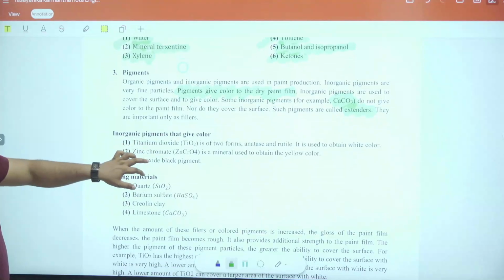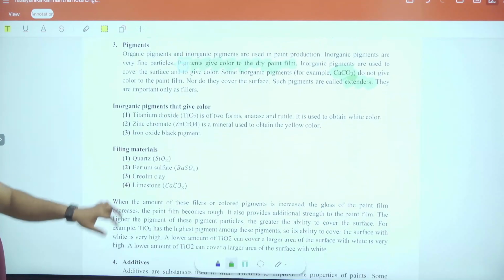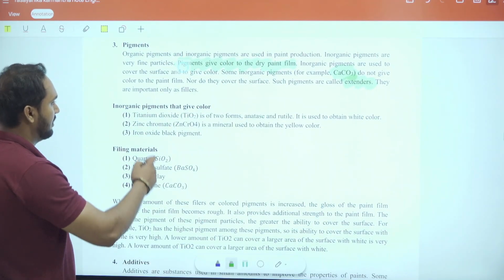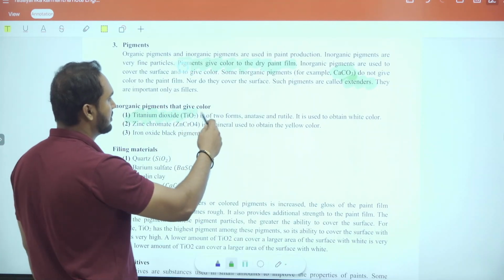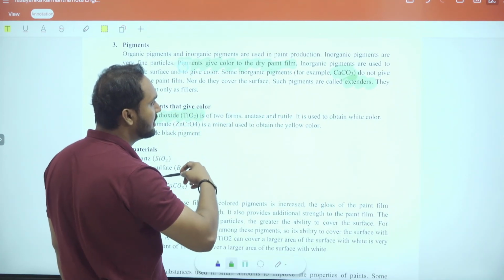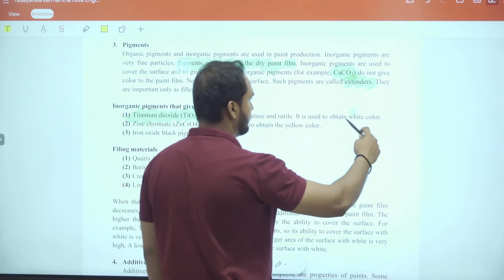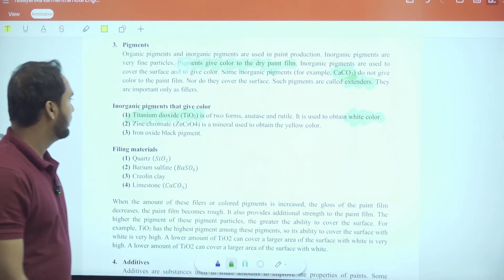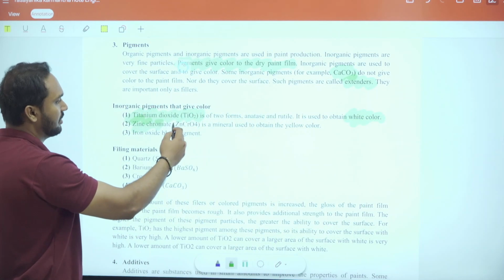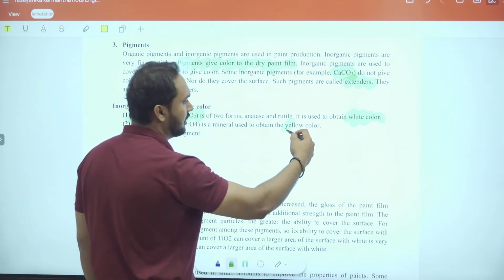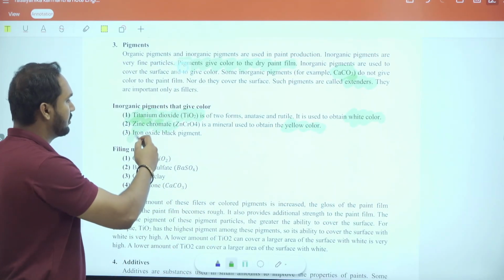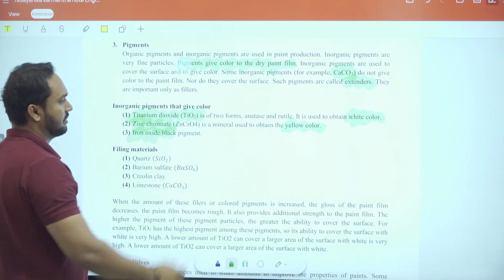fillers, right? The inorganic pigment that gives color, titanium dioxide, is important. What color does titanium dioxide give? White color. And zinc chromate gives what? Yellow color. Iron oxide, black.